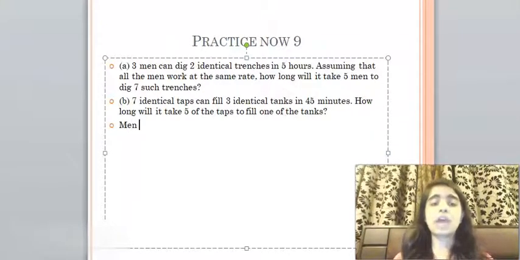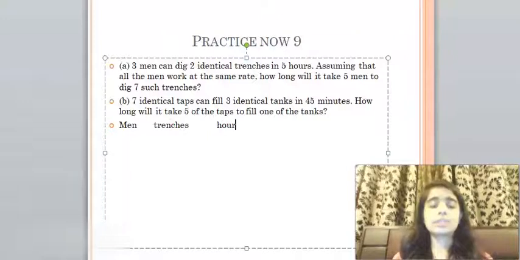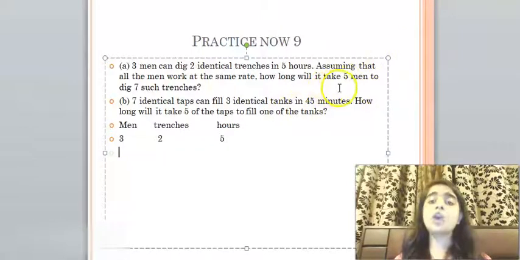So let's first write men, trenches and hours. So there are 3 men, there are 2 trenches and there are 5 hours. Then it is telling us how long will it take 5 men. So there are 5 men, there are 7 trenches and hours we do not know.